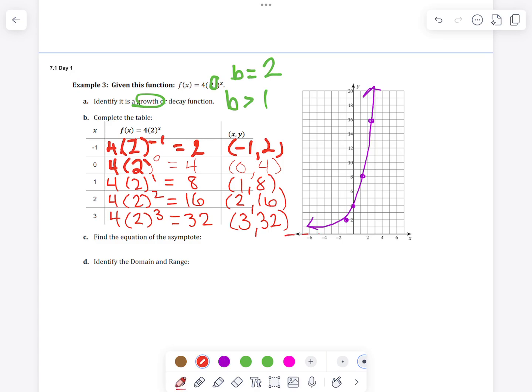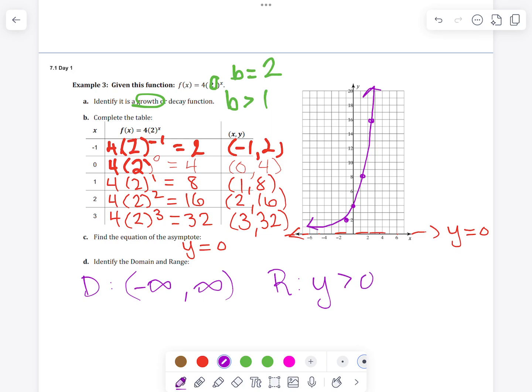It has the same horizontal asymptote at y equals 0. The domain is all real numbers. The range is everything greater than that horizontal asymptote.